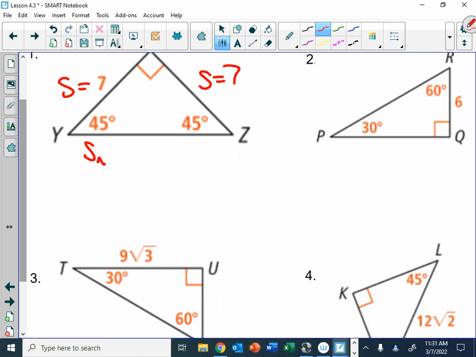S times the square root of 2. Well, S is 7, so my answer is 7 times the square root of 2. I can't do anything with that. That's my answer.